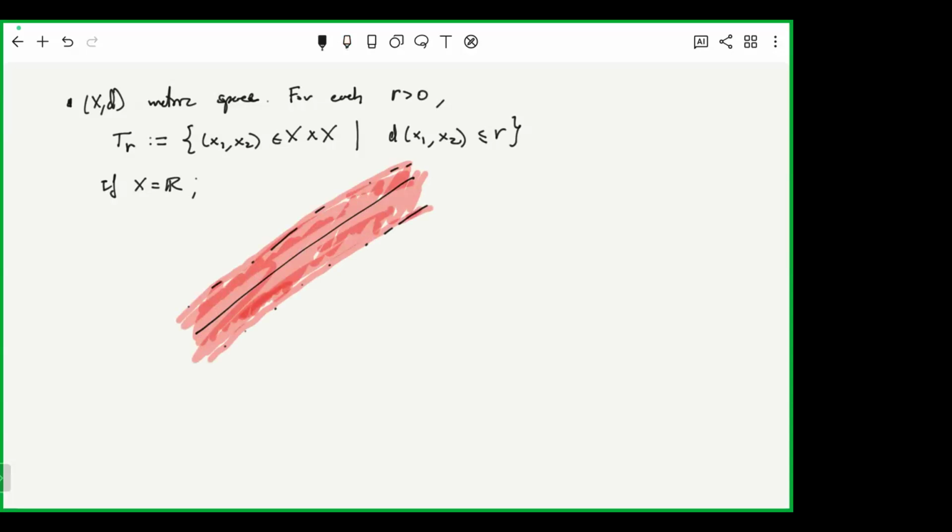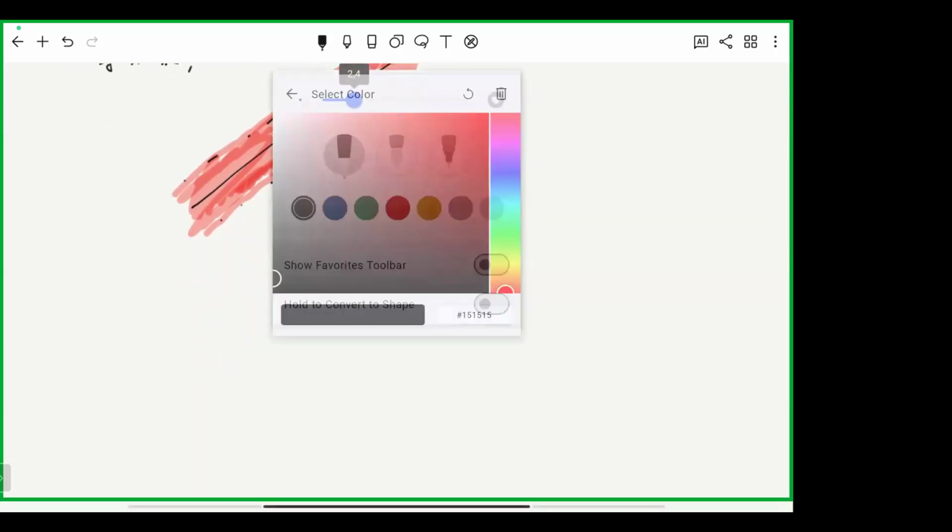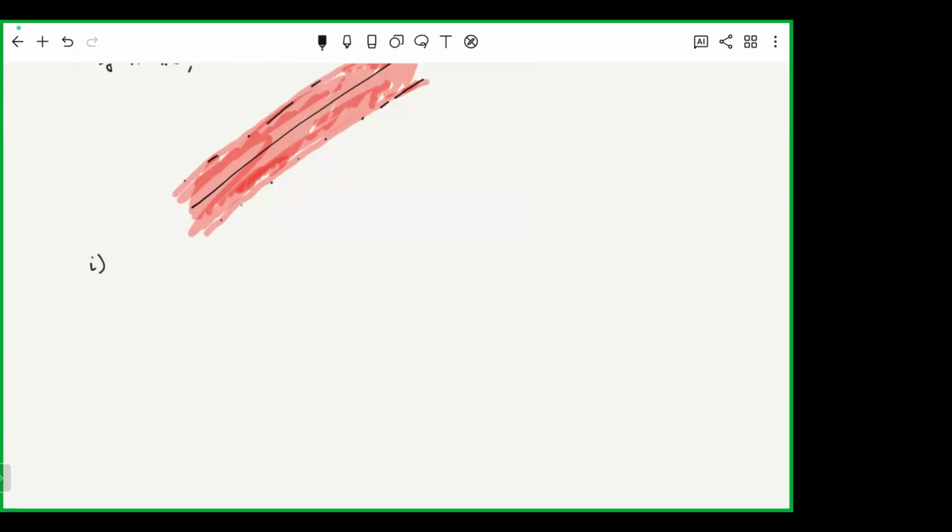Yeah, so what are the properties of these tubes? These tubes are going to measure this large-scale geometry. How? Well, if S is less than or equal to R, then T_S is contained in T_R. So there are some properties involving inclusions. Also, if R1, R2 are positive numbers, then the union of their tubes is contained in the tube of maximum radius.